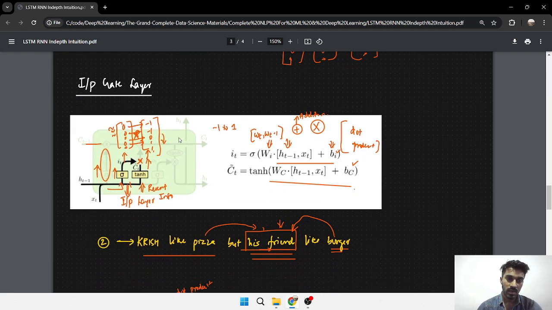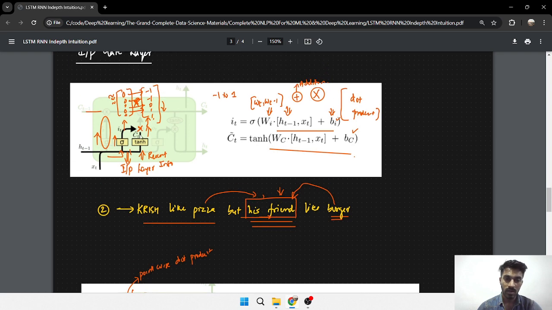This is the input gate layer. Now we have applied a second layer, sigmoid and tanh. Sigmoid is an activation function, and tanh is another activation function.